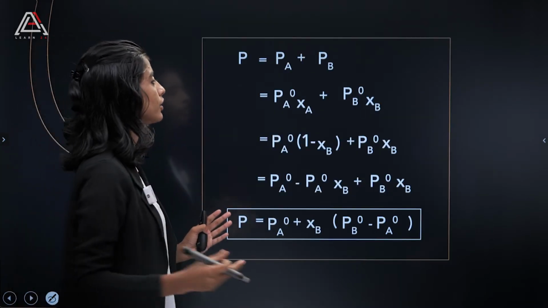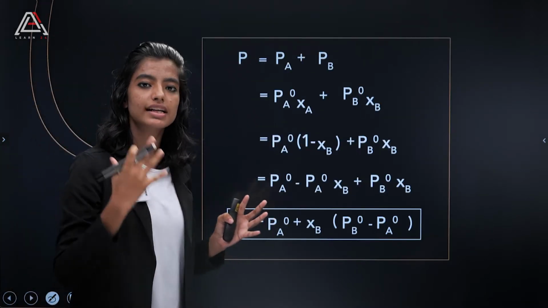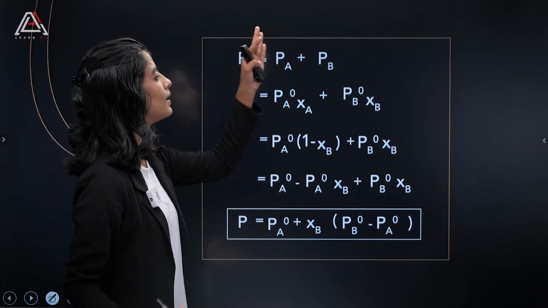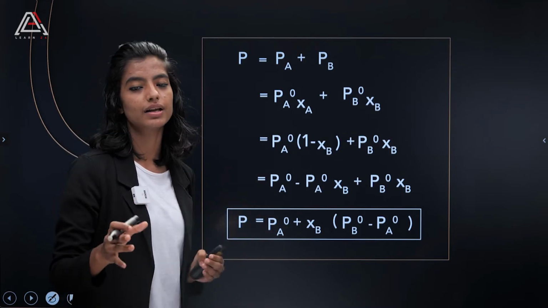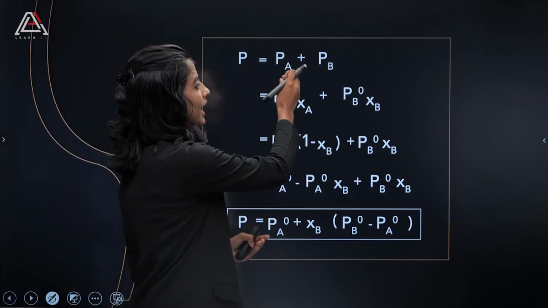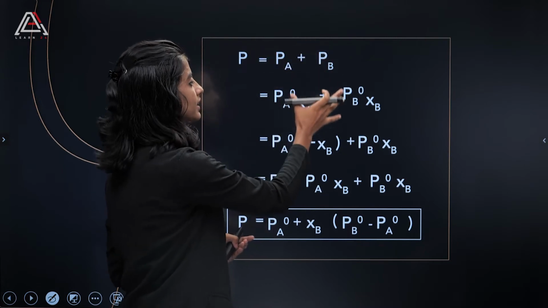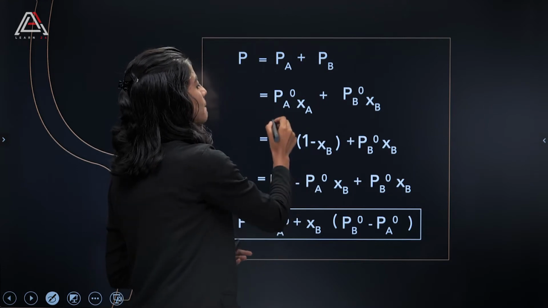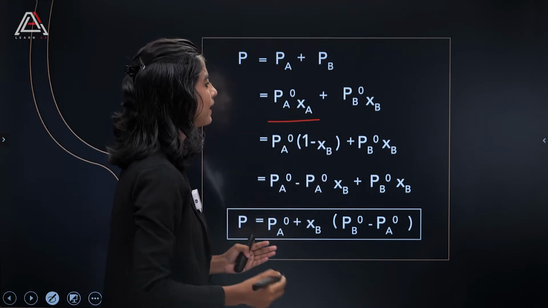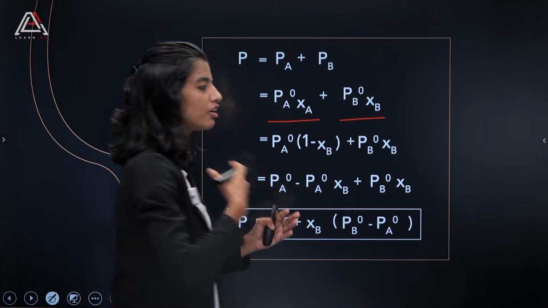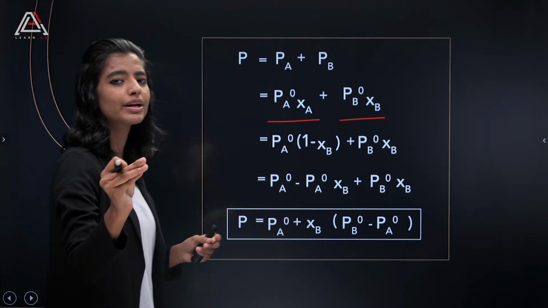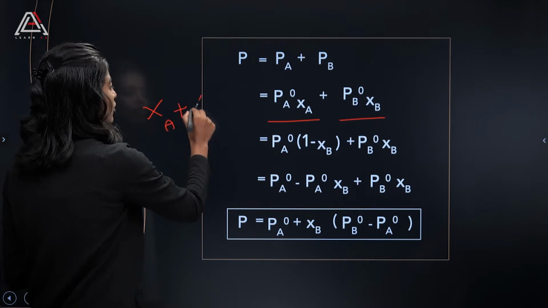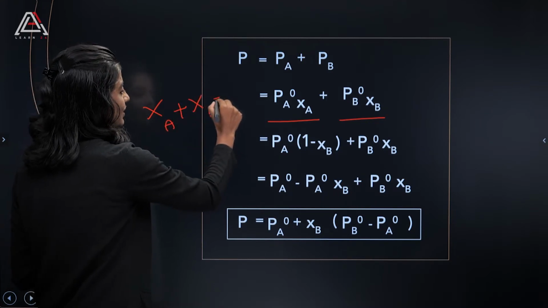Now, as I told you, the total vapor pressure is contributed by both A and B. That is the partial vapor pressure of A plus the partial vapor pressure of B. We know the equations for PA and PB, so just substitute them. That is PA0 into the mole fraction of A plus PB0 into the mole fraction of B. Hope you remember this: the mole fraction of A plus the mole fraction of B is equal to 1.